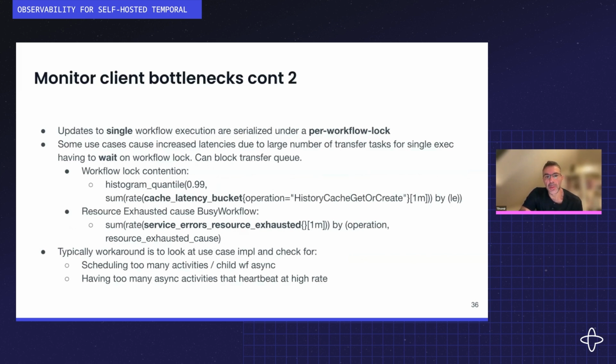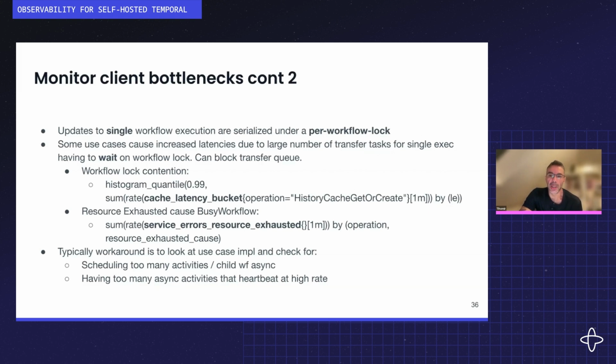Some use cases can cause increased latencies due to a large number of transfer tasks or updates for a single execution. A lot of these generated tasks or updates all have to wait on this per workflow lock, and this can start blocking your history host or shard transfer queues and increase latencies as well.